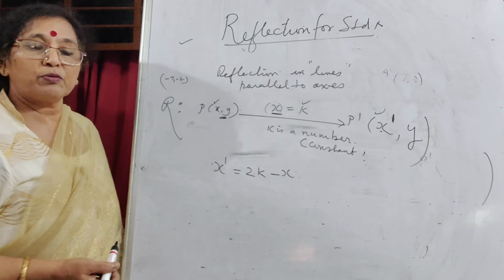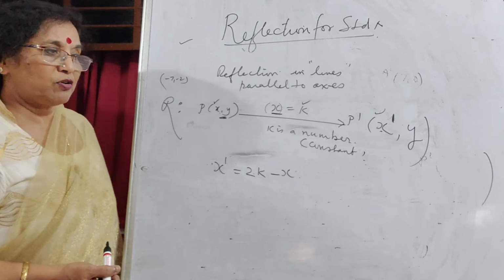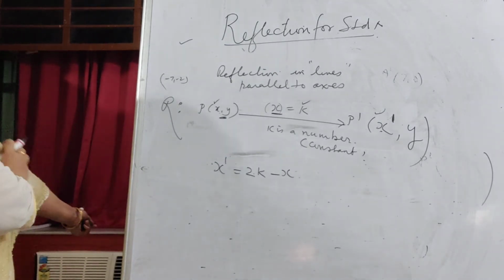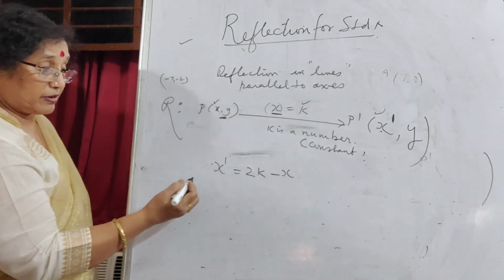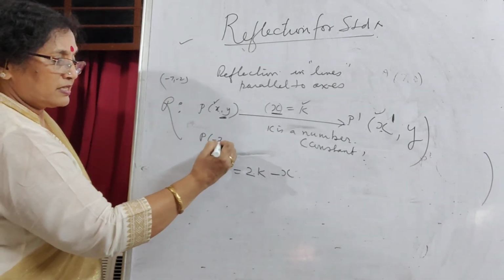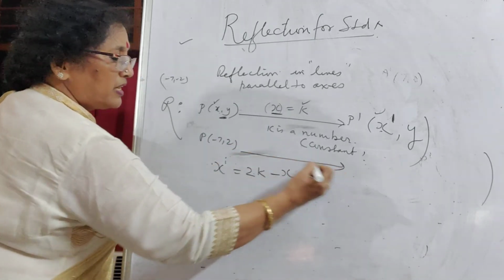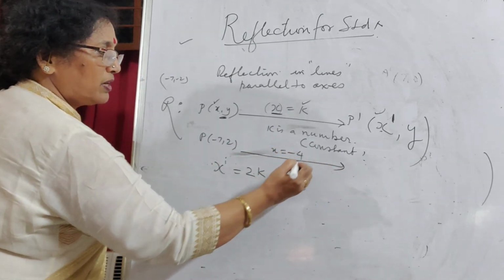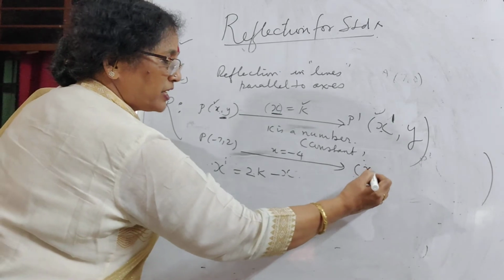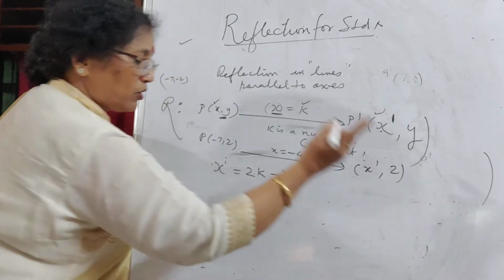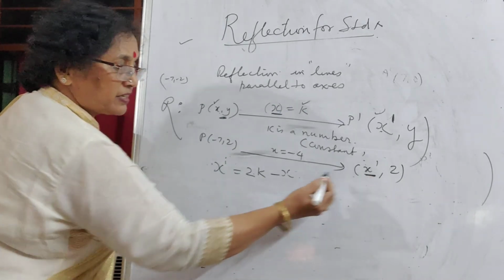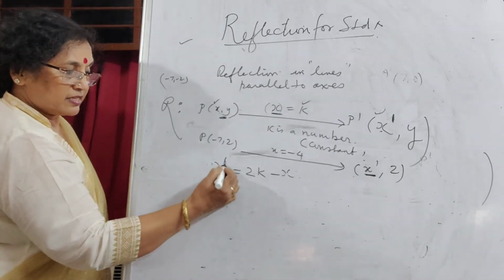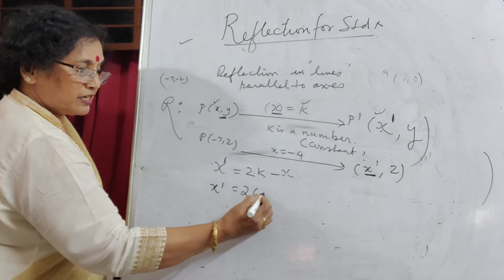Just now we did, children, what was the point we did? We did P minus 7, 2 in the line x equals minus 4. So x will change, y will remain 2. We got 2 as the answer there. So what is x dash? I have to find this. So x dash is twice minus 4.